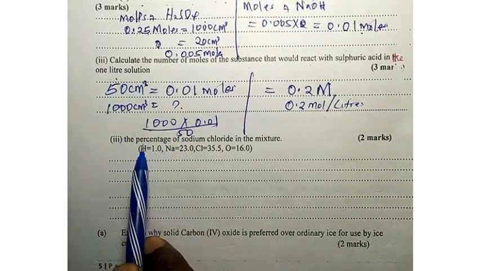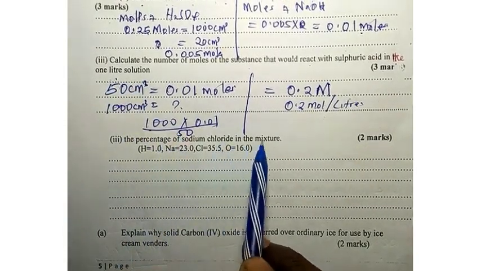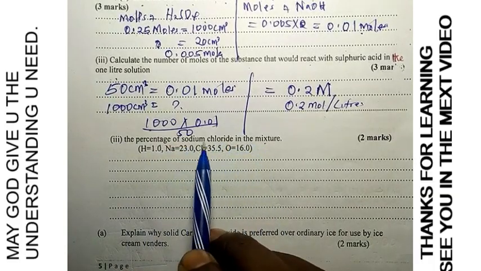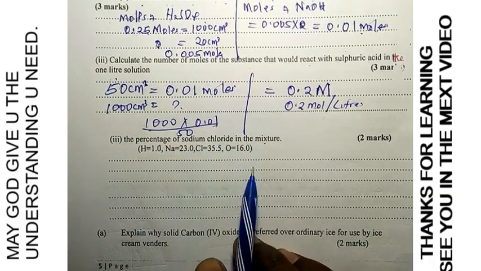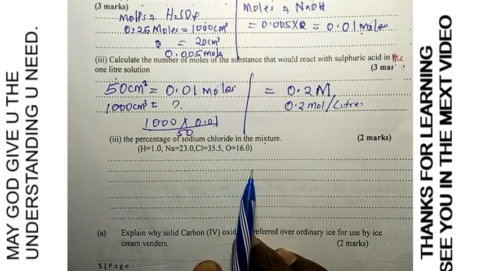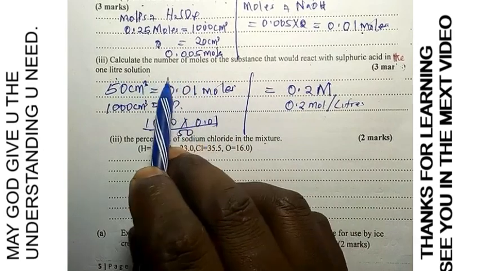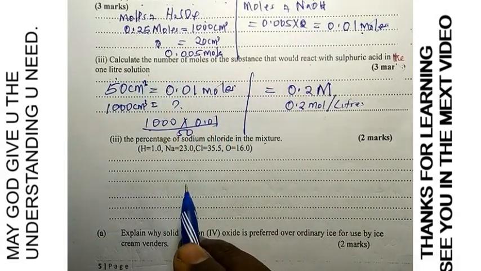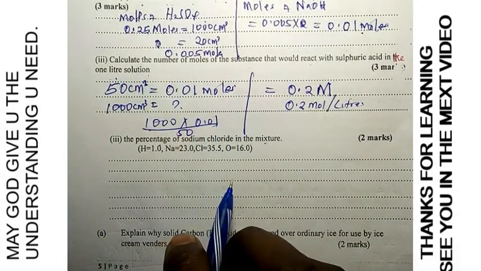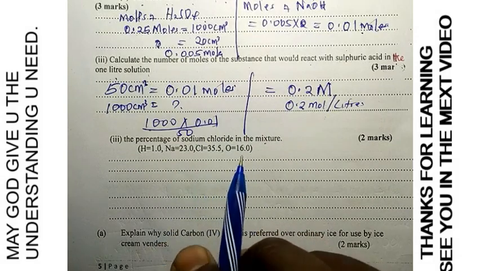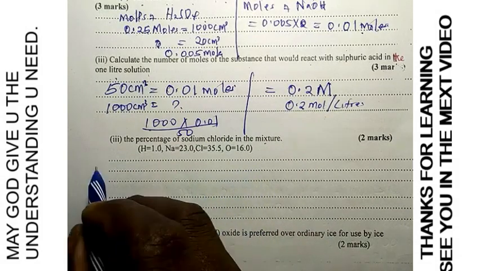Calculate the percentage of sodium chloride in the mixture. What is the percentage of this, the impurity sodium chloride, in the mixture? Now we have the molarity in a liter. So what we want is to calculate the mass of sodium hydroxide itself in 1 liter. We will use this triangle.